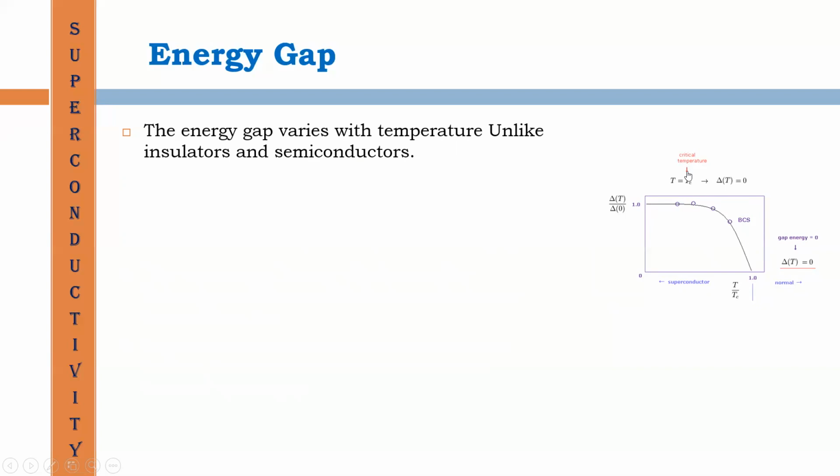Here Tc is the critical temperature. Up to T equal to Tc, the gap varies like this. It is different from insulators and semiconductors.